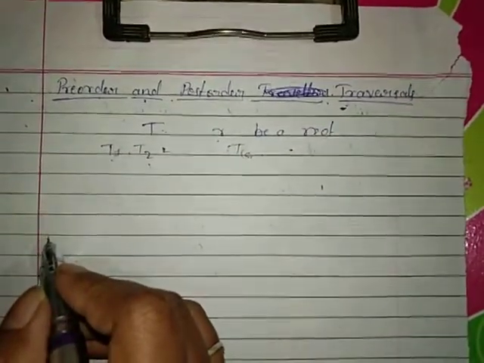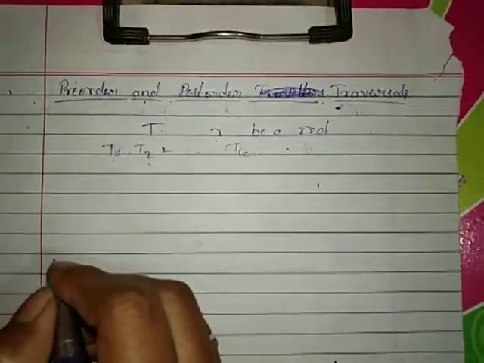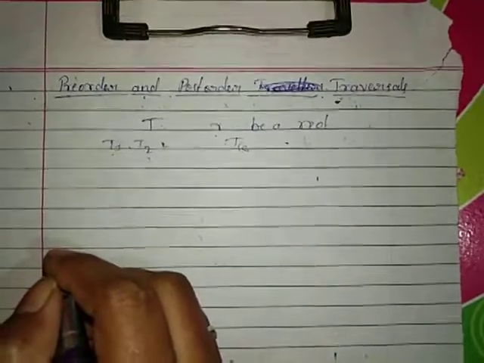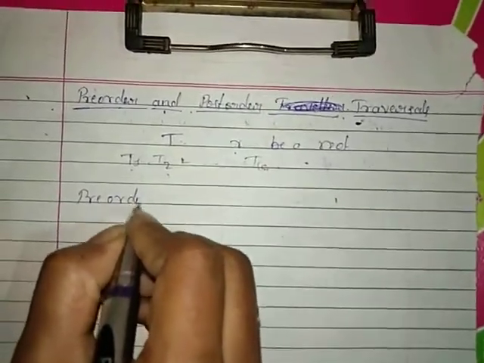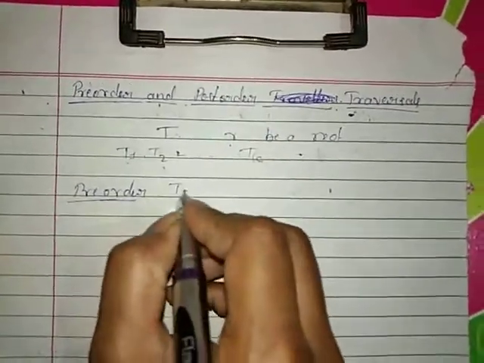Suppose we list the vertices of T. First I am moving to the pre-order traversal.